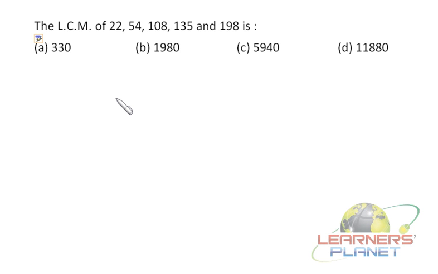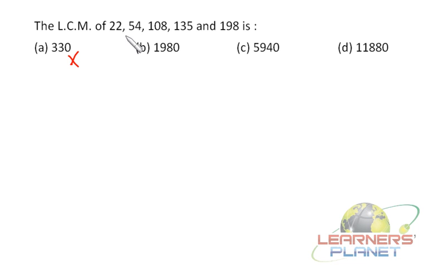Now, in this problem, we have to find out the LCM of 22, 54, 108, 135 and 198. Okay, let's go by options. So 330 cannot be the right choice since it is not a multiple of 54, 108 and all the other remaining numbers. So let's go with 198. Now let's see for 1980. 1980 is a multiple of 11 and 2 as well.